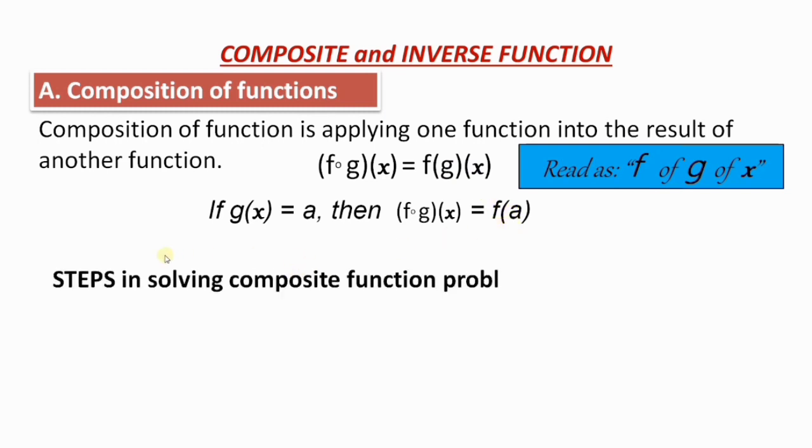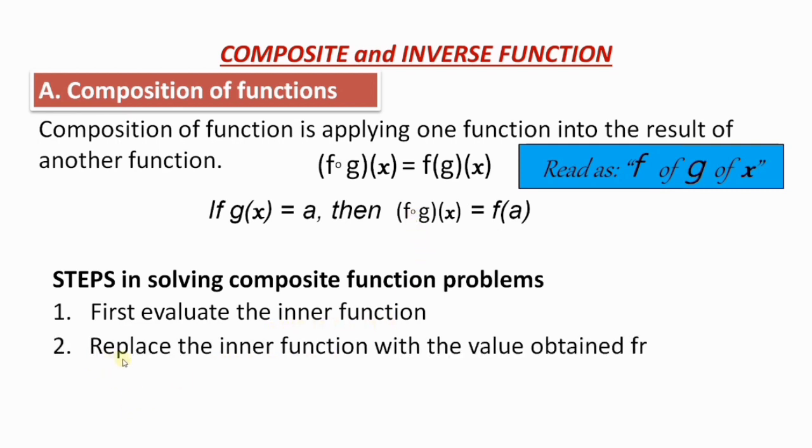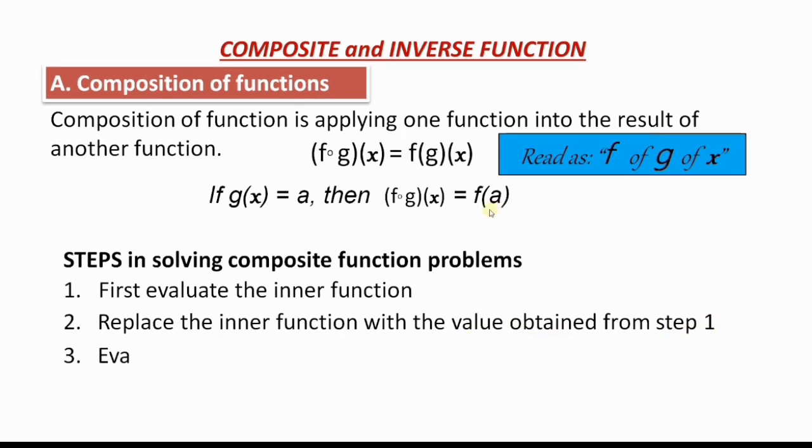We say that there are 4 basic steps in solving composite function problems, as we will go through right now. 1. First, evaluate the inner function. Then the second step is replace the inner function with the value obtained from step 1.